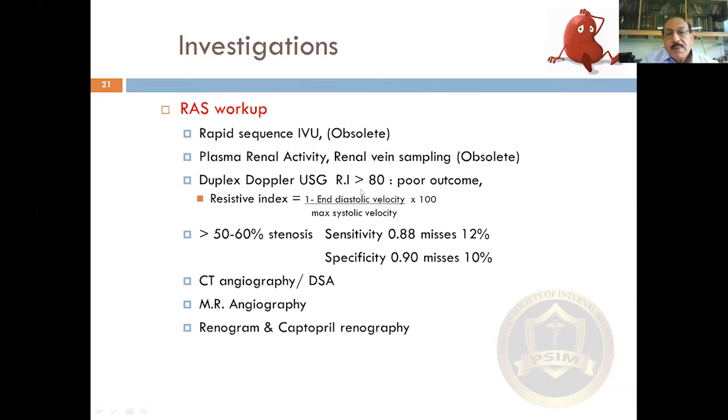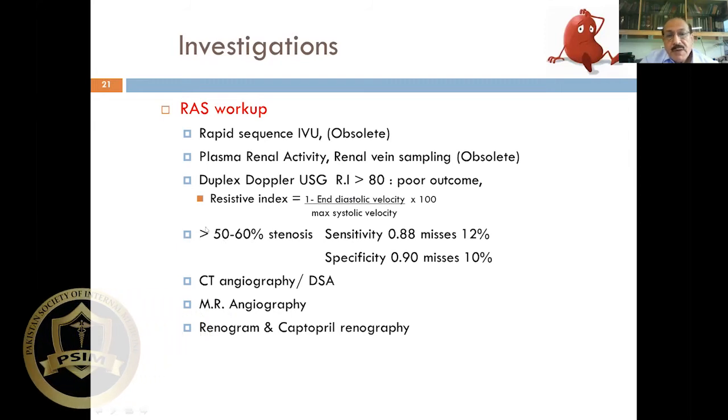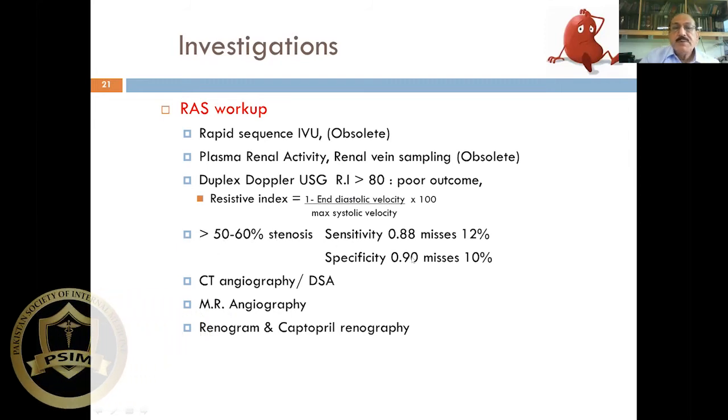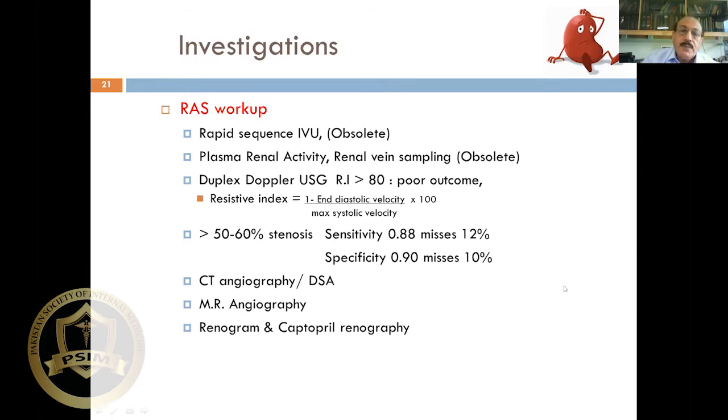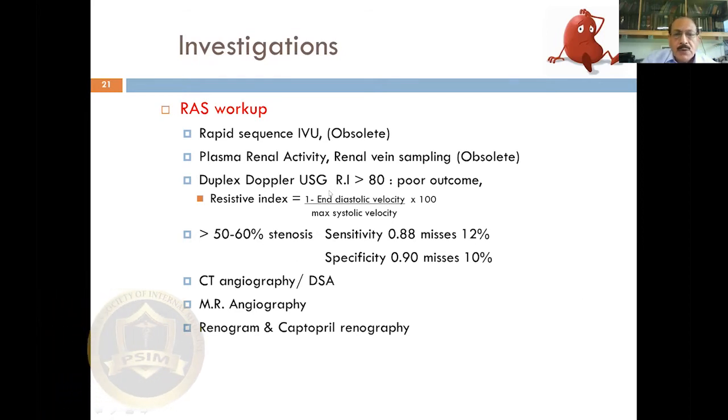We've got duplex Doppler, and one can do a resistive index, which is calculated by 1 minus end diastolic velocity over maximum systolic velocity, into 100. An RI of 0.8 has significance; if there is more than 50 to 60% stenosis, you can pick up on this duplex Doppler ultrasound.